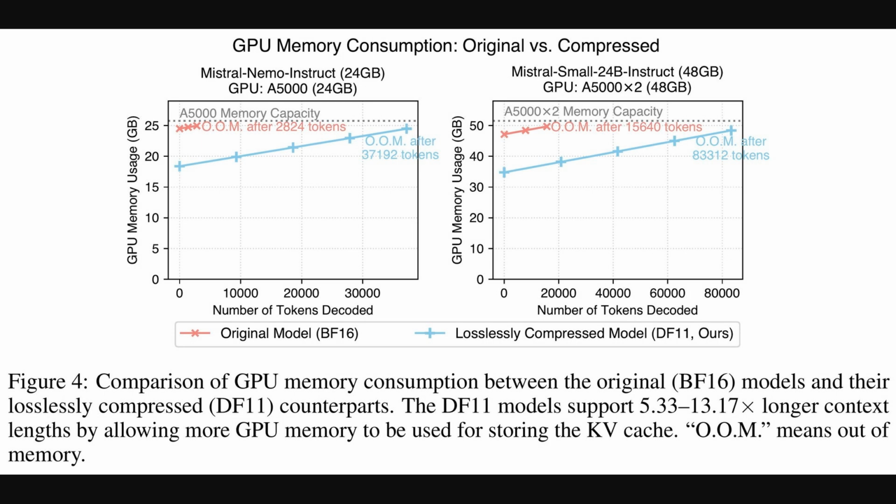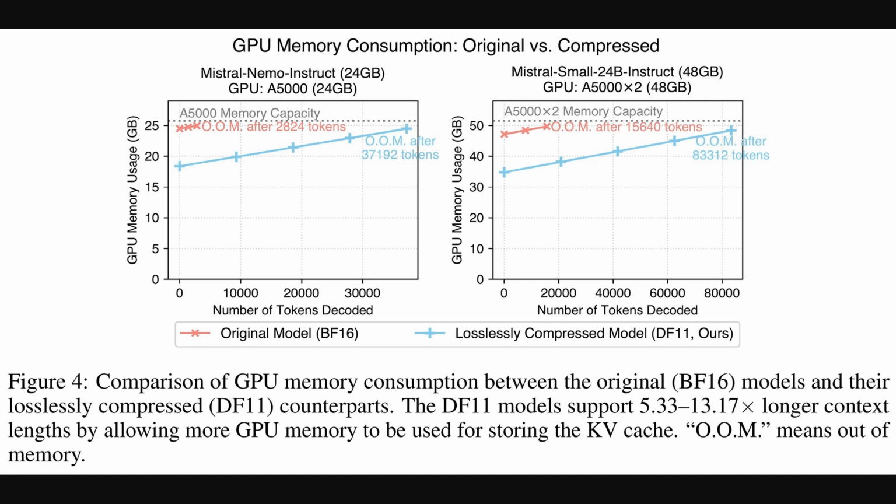So that 30% memory saving we saw isn't just theoretical. This figure really shows what that means in practice during model decoding. We're looking at GPU memory usage on the y-axis, as more tokens are decoded on the x-axis. The red line is the original bfloat16 model, and the blue line is the compressed DFloat11 version. You can clearly see the blue line stays much lower, representing that memory saving.